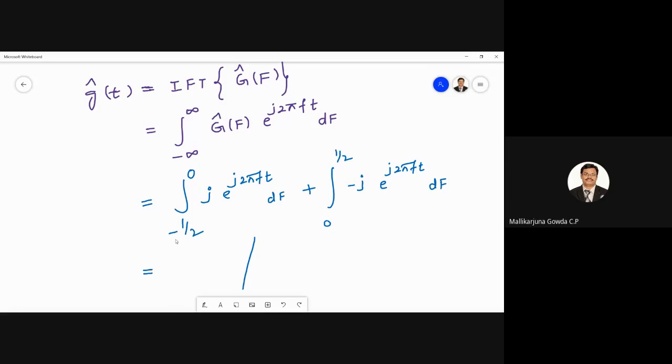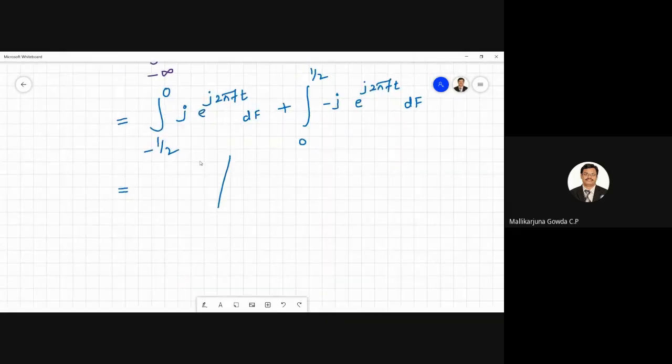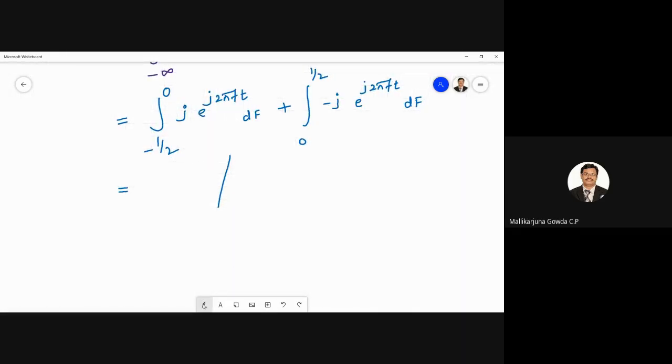From minus 1 by 2 to 0, the value of g cap of f is j. So j into e power j 2 pi f t into df, I wrote. Then from 0 to 1 by 2, its value is minus j. That is why I wrote minus j into e power j 2 pi f t into df. So the rest is yours. I think we should be able to simplify this.